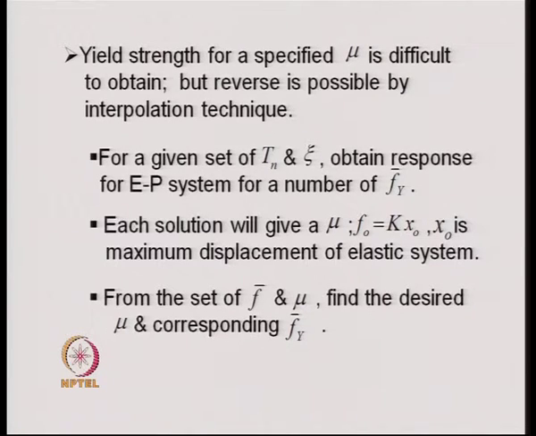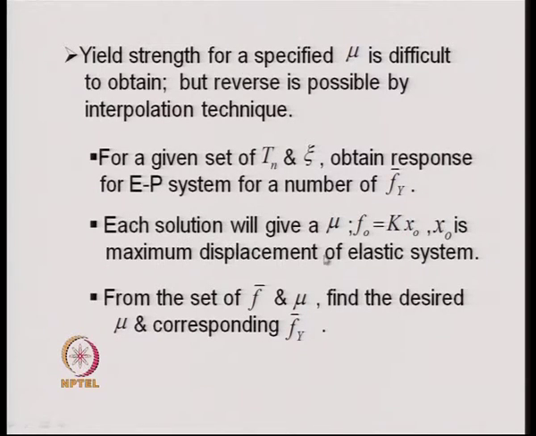So, what we do is go for an interpolation technique and an iteration. For a given set of Tn and xi, we obtain the responses for the elastoplastic system for a number of f bar y values. That is, we solve equation 6.38 for different values of f bar y and find out the values of mu.